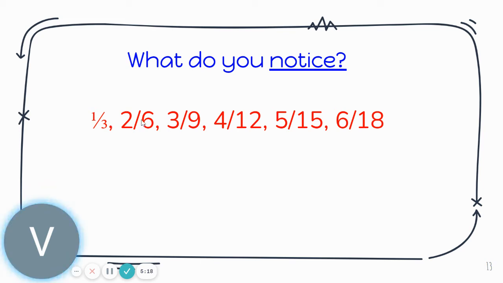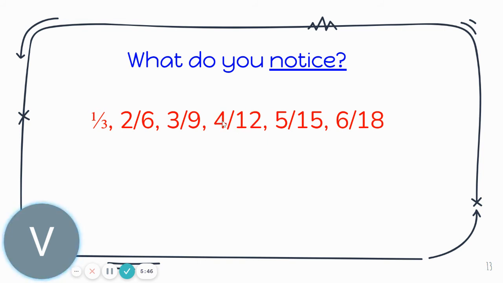So what I notice is that our denominator is divided by 3 to get the numerator. So 6 divided by 3 is 2, so that would be 2 out of 6. And then we have 9. 9 divided by 3 is 3, so that will be 3 out of 9. How about 12? 12 divided by 3 will be 4, so 4/12.